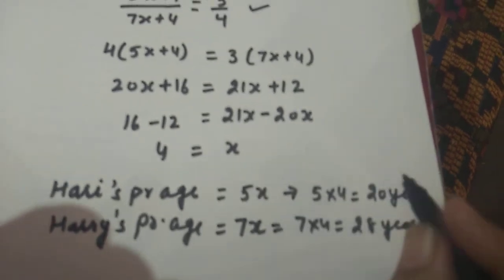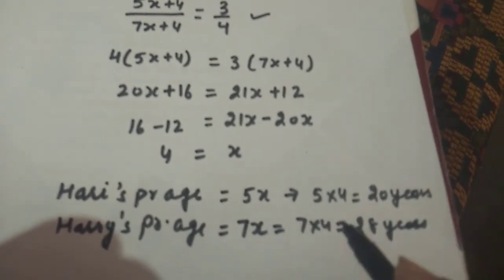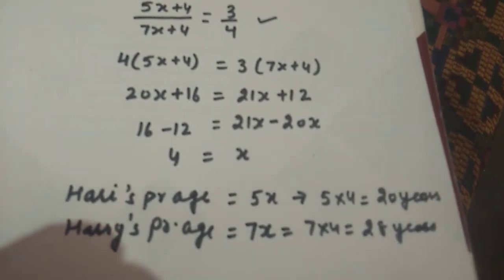So this is our solution. Present age of Hari is 20 years and present age of Harry is 28 years.